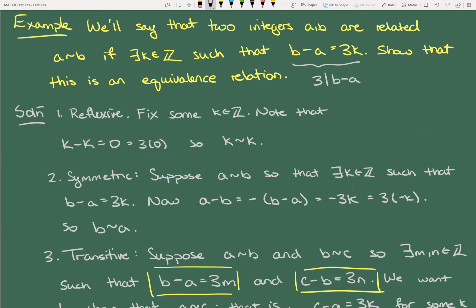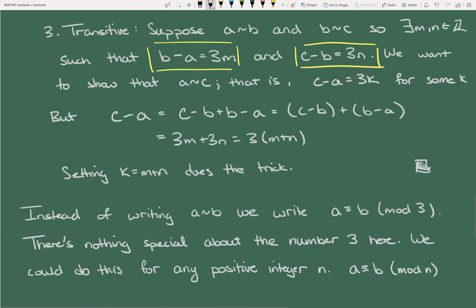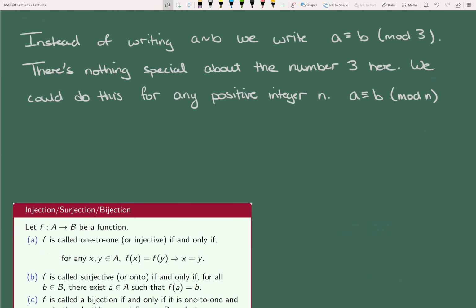You'll see the proof is word for word identical, just everywhere there's a 3, you put an N. If you want a little extra practice, or didn't get the transitivity property, go through it with a different number.